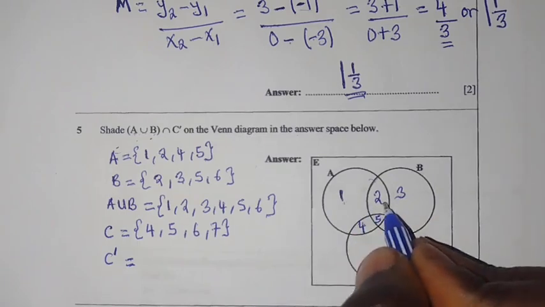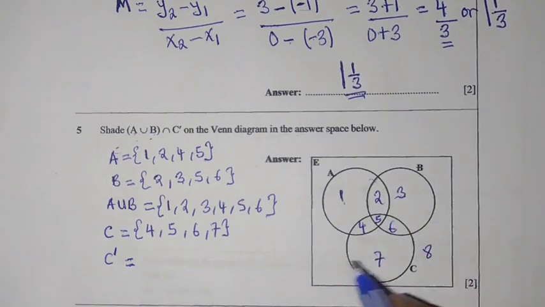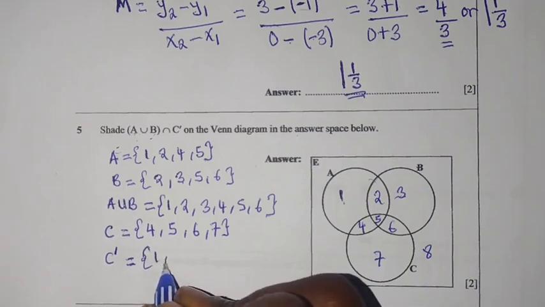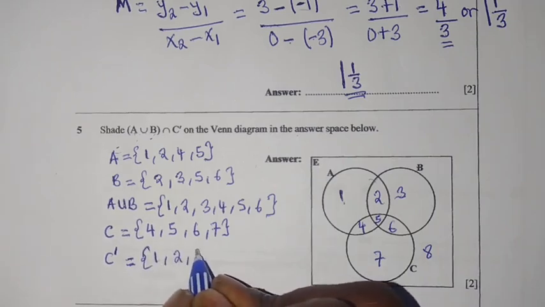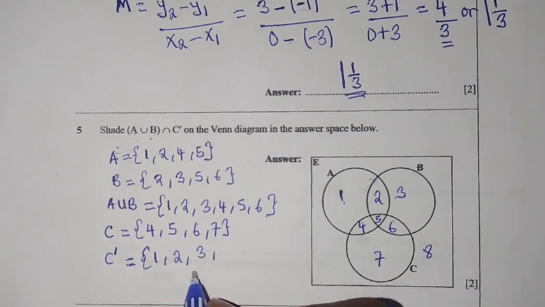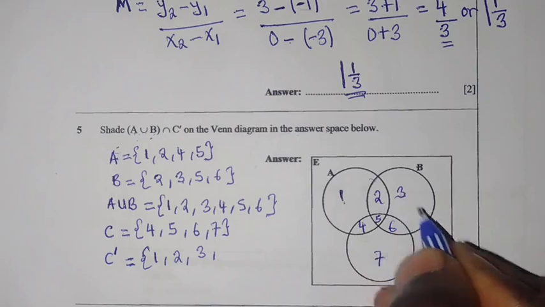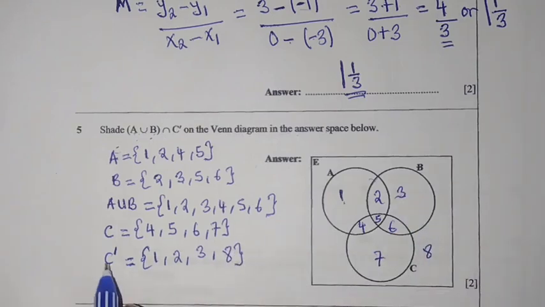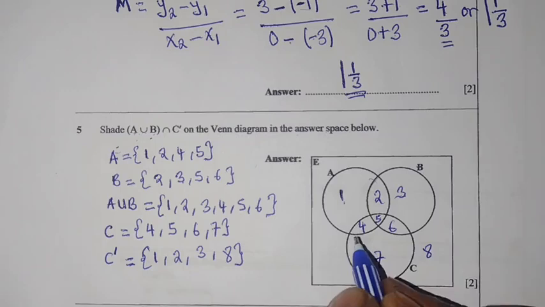So we have 1, 2, 3, 8. This is our C complement. These elements are not in set C.